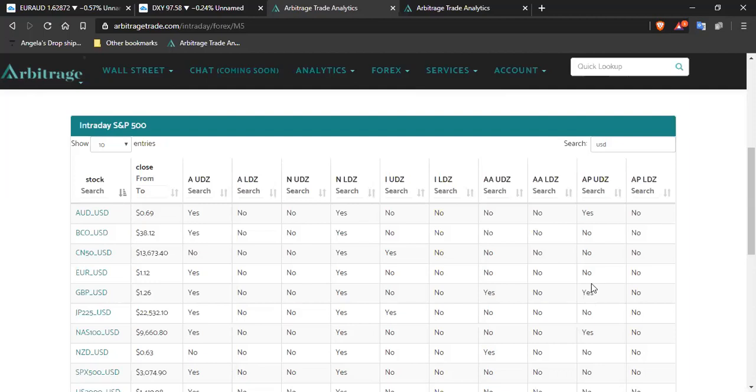I'm expecting almost all of the USD pairs, well, not all of them, but most of them to be at the upper danger zone. NAS 100, that's another one that is at the upper danger zone on the 5 minute time frame.